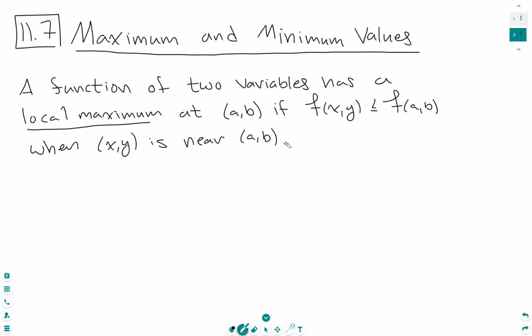This just says in a very small neighborhood around the point (a, b), f has the largest value in that small neighborhood. And if you make that neighborhood smaller and smaller and smaller, it still remains true.